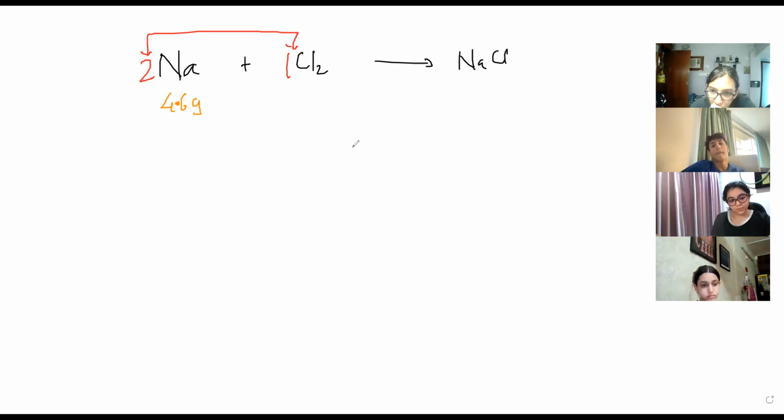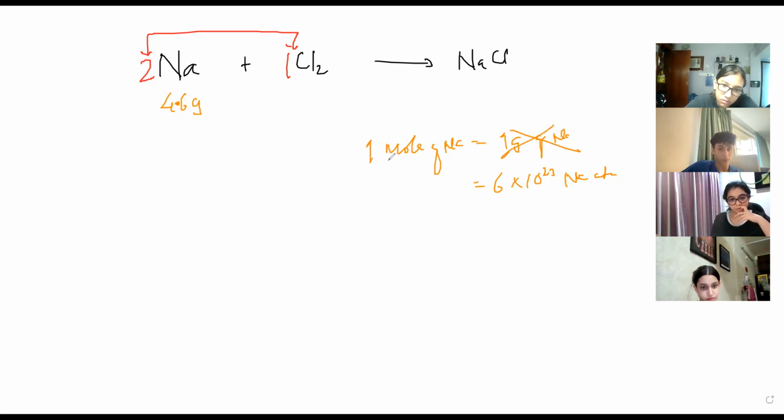When I'm saying 1 mole of sodium, does it mean 1 gram of sodium? Or does it mean 6 into 10 raised to 23 sodium atoms? It is not the gram. The mole expresses the quantity.